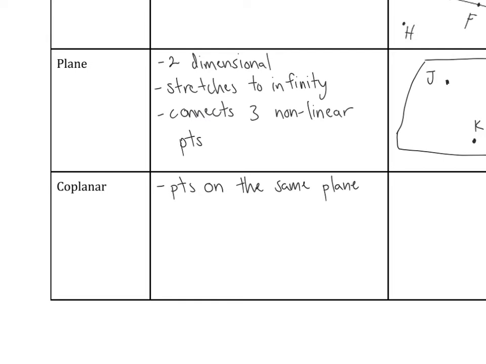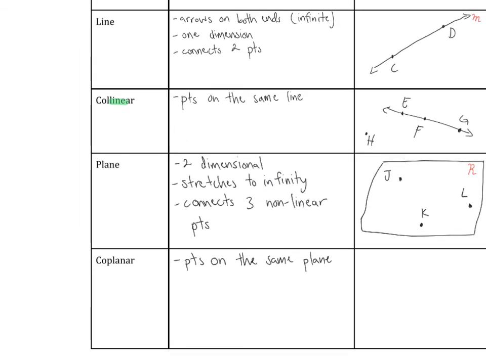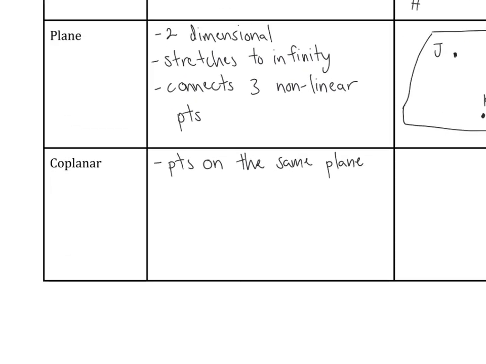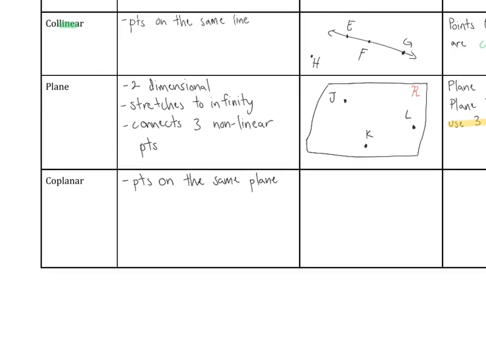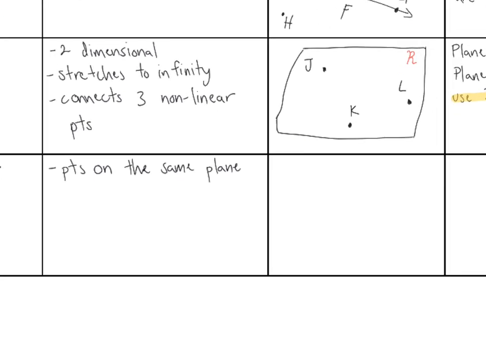It's very similar to collinear, when we're talking about points on the same line, but for coplanar, we are specifically talking about the plane. So as an example, I'm going to draw a plane a little bit more slanted than the last one, and I'm going to add a point on that plane.